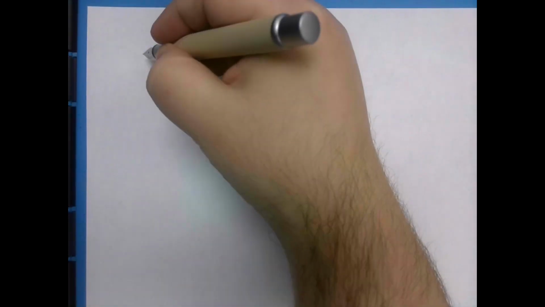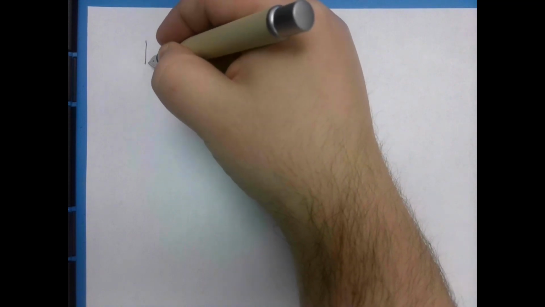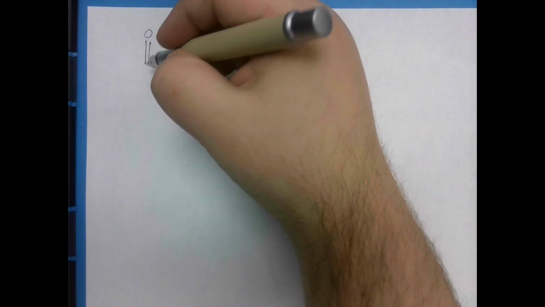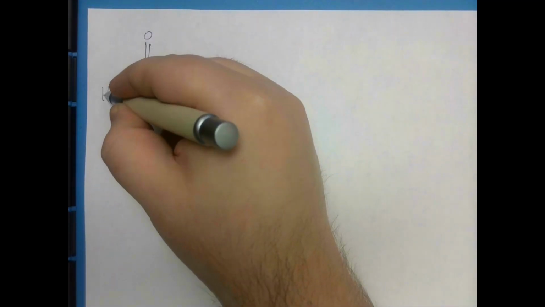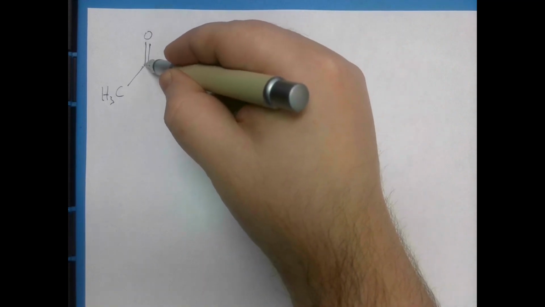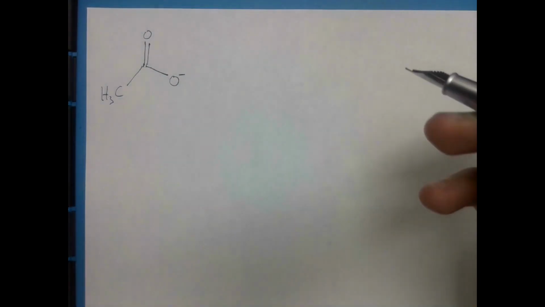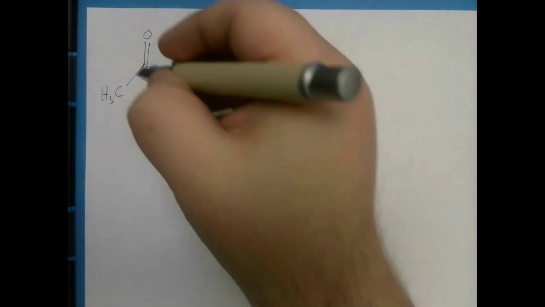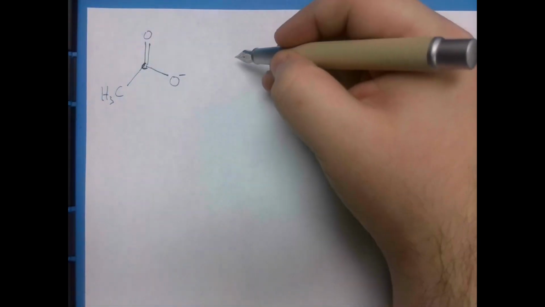So let's look at this chemical here. This is the organic way of doing it. There's technically a C right here that's hidden.